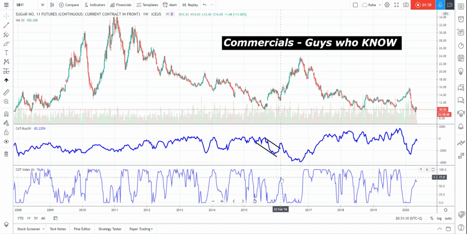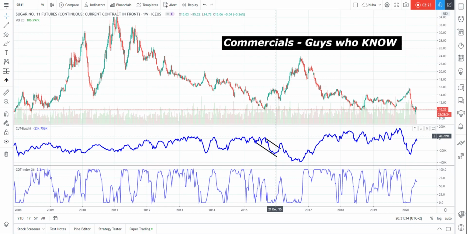So if the index is in the buy zone, look here, the market went higher. If the index is below 25, you can say that the market will probably go lower because commercials increased their short positions.